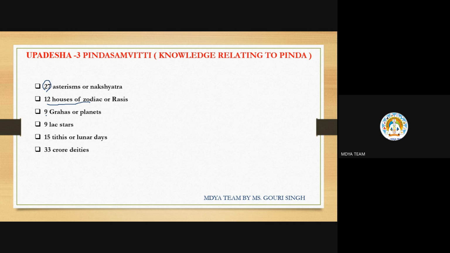Navagraha, meaning the 9 grahas or planets, are also present inside our body. 9 lakh stars are present. 15 tithis or lunar days are present. 33 crore deities. Okay, these all are present inside our body. This is what Guru Gorakshnath discusses in this Upadesh 3.